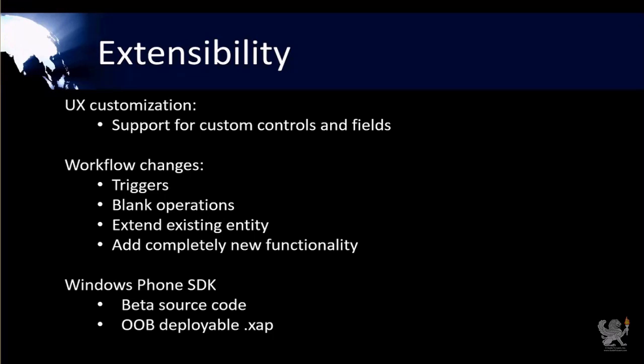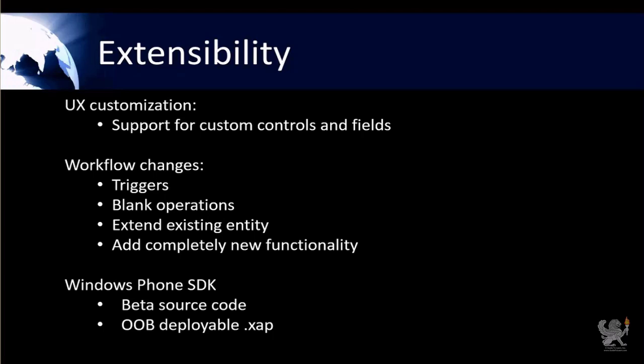So we've done a lot to improve extensibility, though, without having to dig deep directly into all the source code, which then has kind of maintenance and serviceability issues. So kind of the ultimate flexibility and power, but at a cost. So adopting a bit more of the ePOS approach is the ability to have triggers and support for blank operations. So this will allow you to extend the code without having to change the existing code.